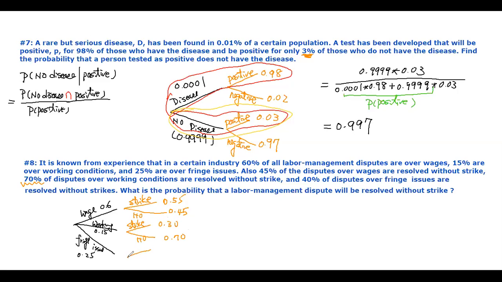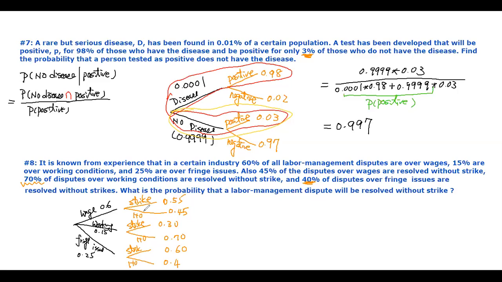Okay, so the same thing here. This is a strike and this is no strike with fringe issues. What is that? 40% of the issues are resolved without a strike. So this is 0.4. And with strike, it's 0.60, right? So the problem wants us to find the probability without a strike.